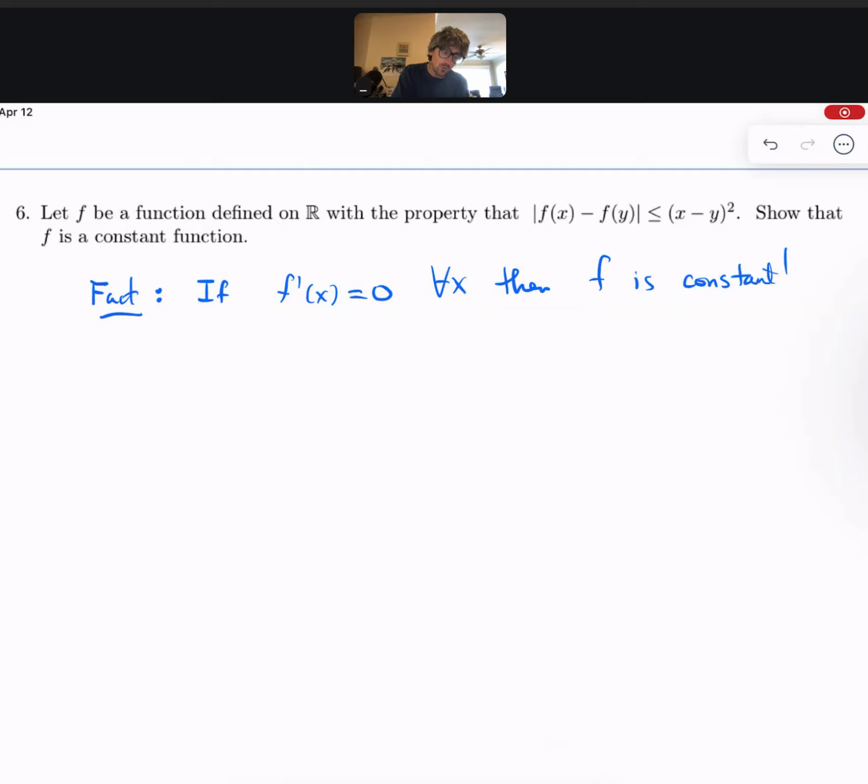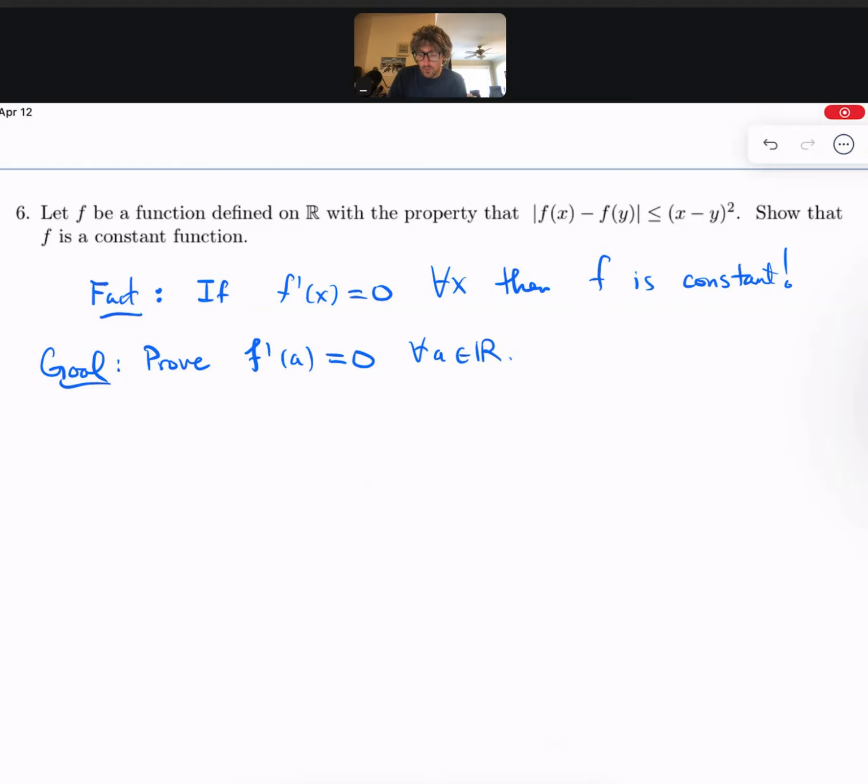So our goal in this problem is to show that our function is indeed differentiable and the derivative at every point is 0. So we're going to show that f prime of a is 0 for every a in the real numbers. And so let's do that.